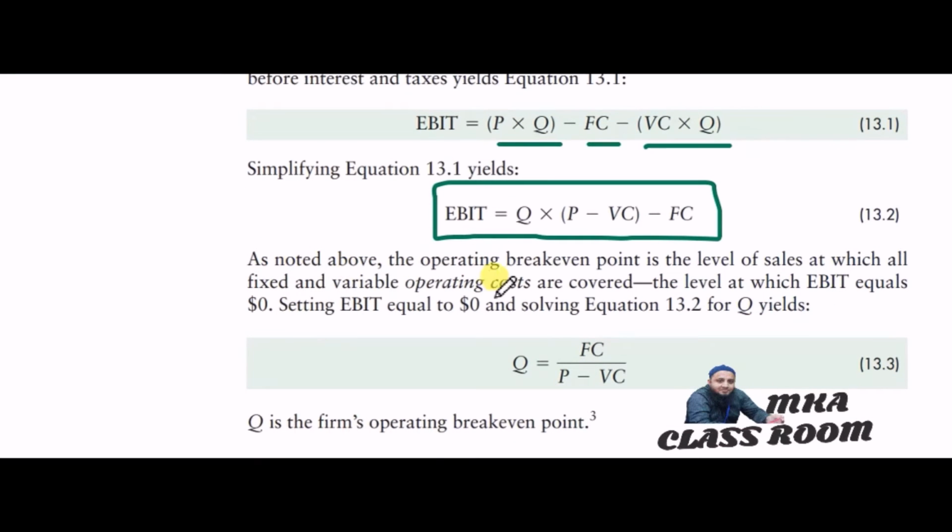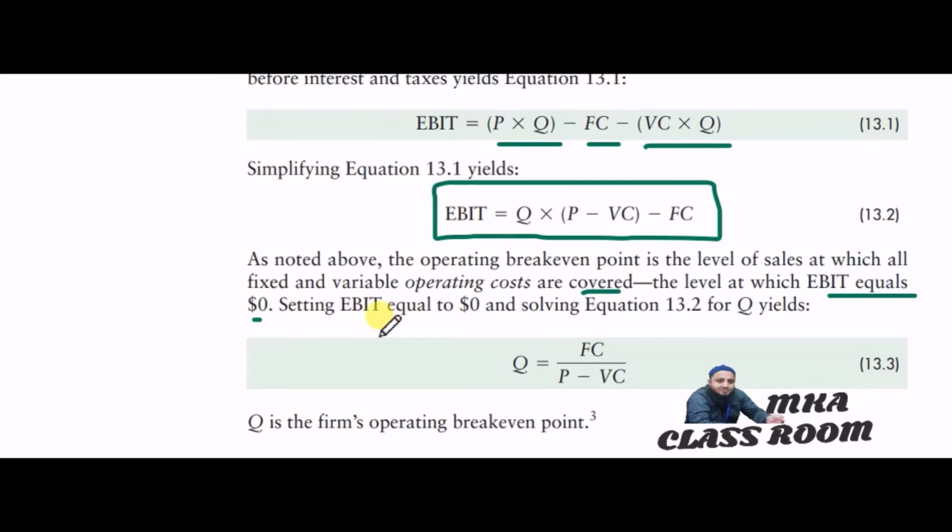As noted, the operating break-even point is the level of sales at which all fixed and variable operating costs are covered. At that level EBIT equals 0.